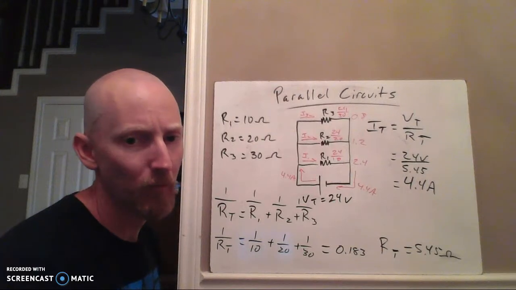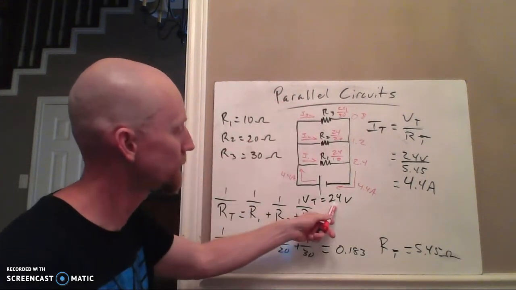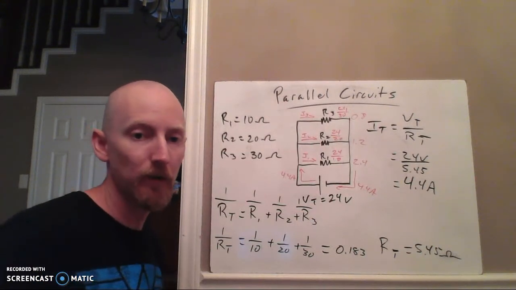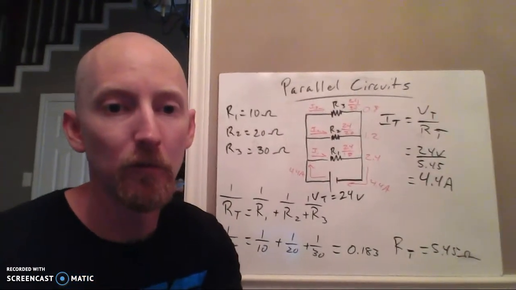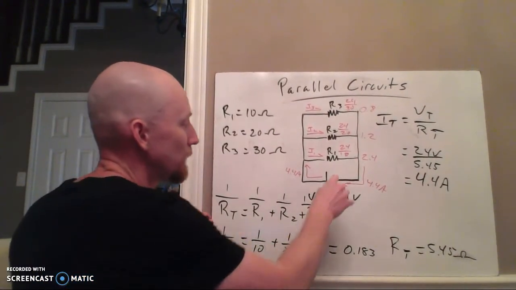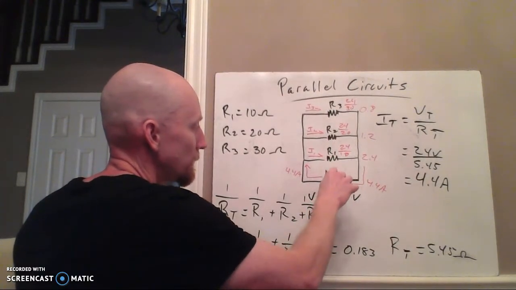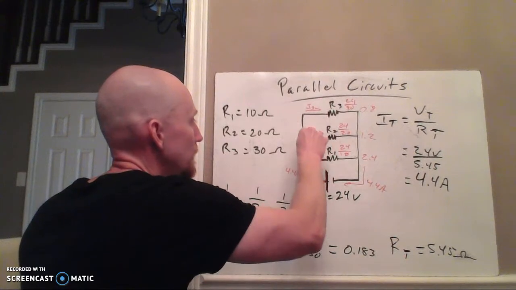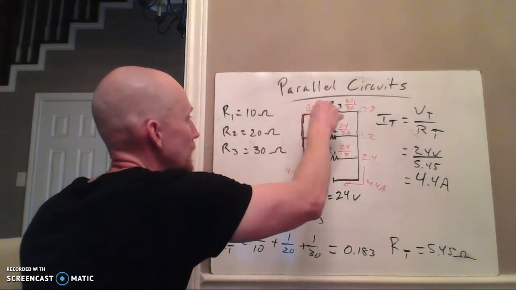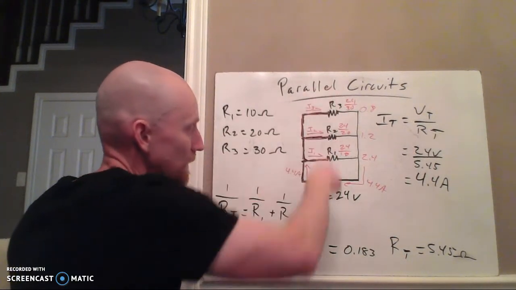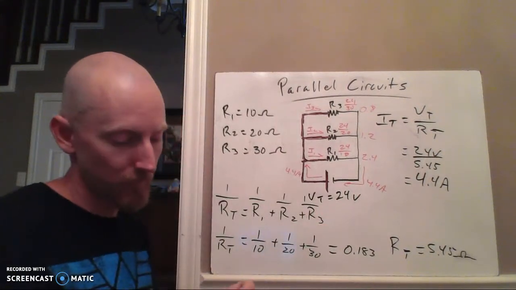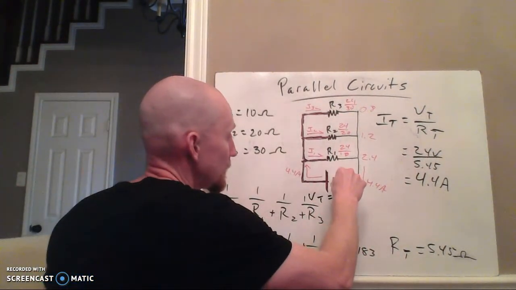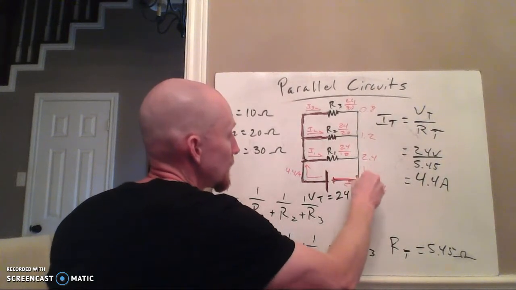I guess the question is, why does each branch get the 24 volts? Why does that happen? And I hope this makes sense. Zoom in. If you look at this, here's the positive plate of your battery. And notice what it's connected to. The positive plate is connected to everything over here. Okay? Your negative plate, this is our little negative plate here, is connected to all this stuff.